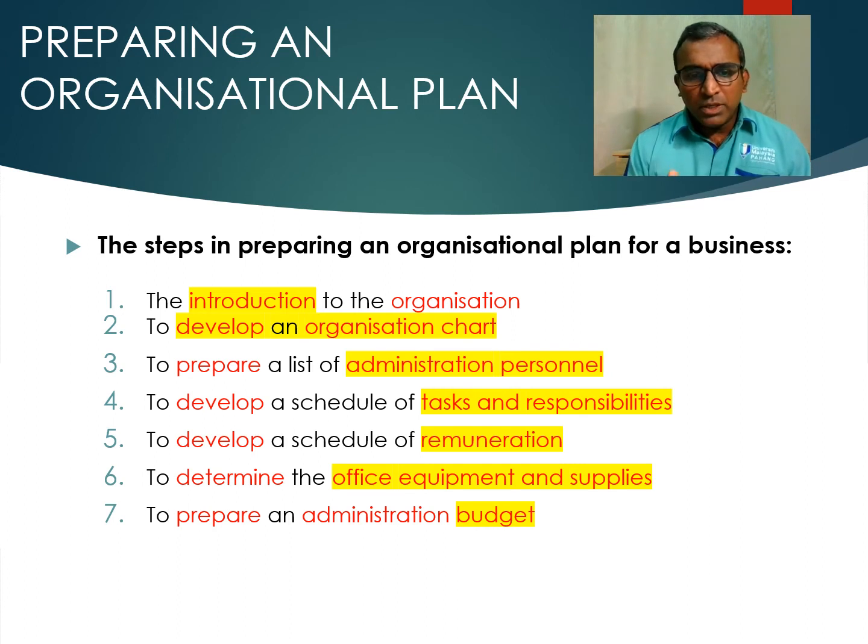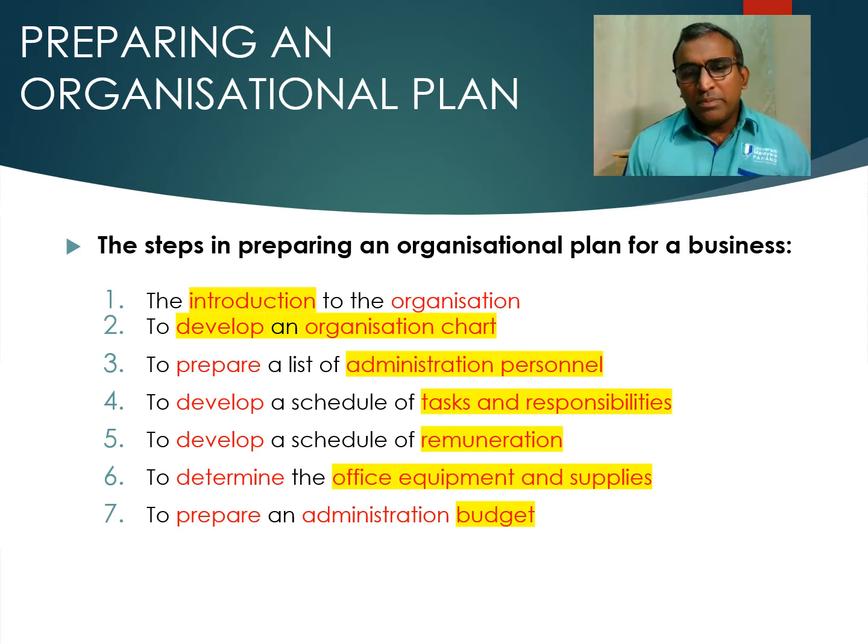Then develop an org chart based on all the tasks involved, and also separation based on function, or based on product, that kind. And then the administrative personnel alone, separated from the operational side, separated based on the marketing side or the financial side, only those who are involved in admin.